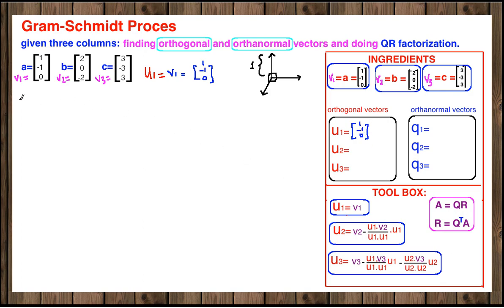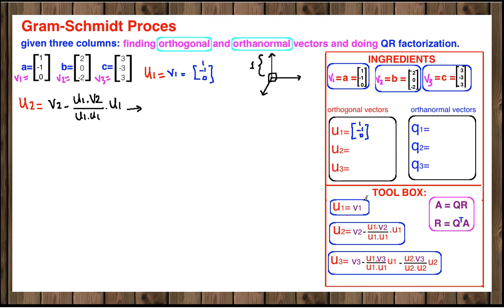Our second orthogonal vector u2 is given by this formula, v2 minus u1 dot v2 over u1 dot u1, times u1. Let's place them all.